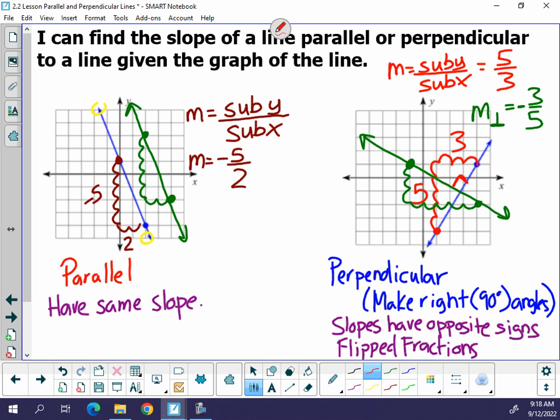They should make right angles. They're only going to intersect one time, right there, and then they'll never touch again. So parallel lines have the same slope and they never touch. Perpendicular lines have slopes that are flipped fractions, they have opposite signs, and they touch once and they make 90-degree angles.